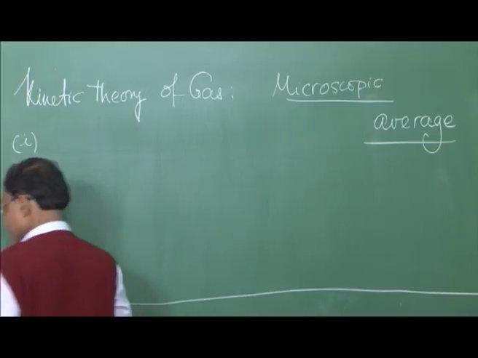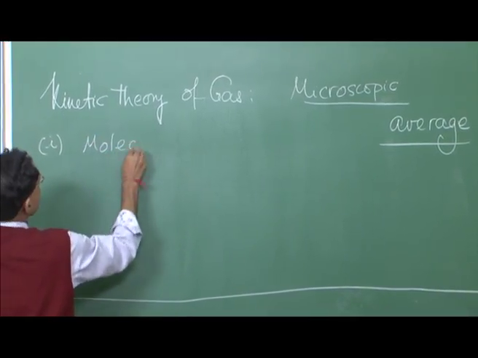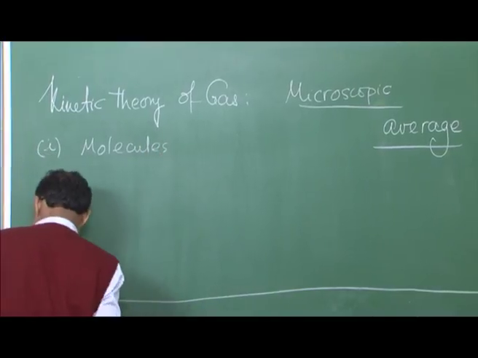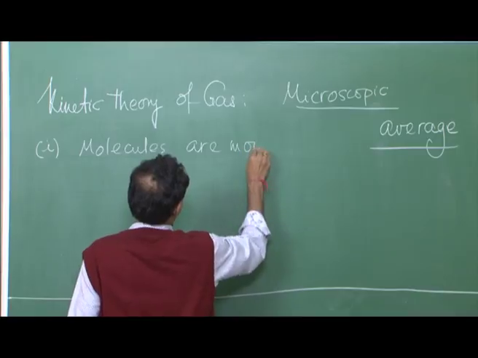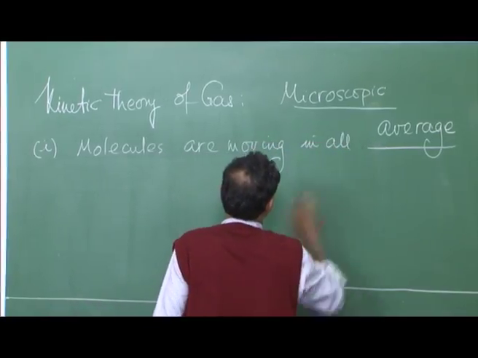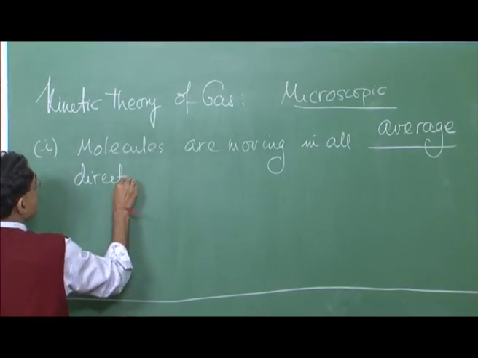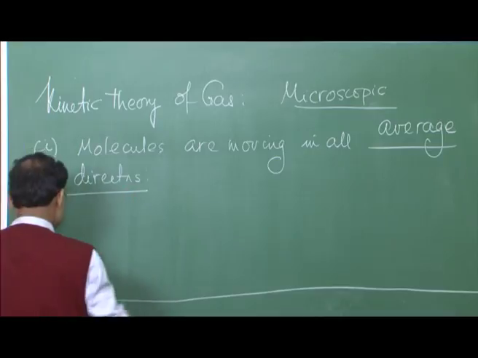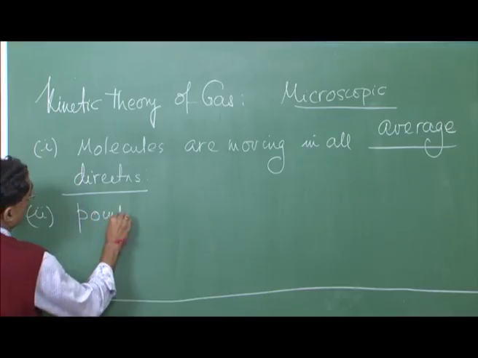Okay. So, what are the properties I will be talking about? Molecules are moving in all directions. This is the first assumption I will make, all directions. And the second assumption, as I told you, point particles.